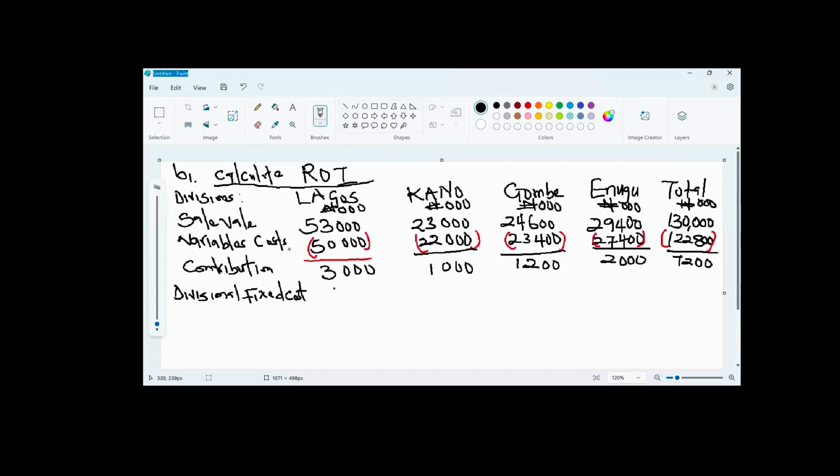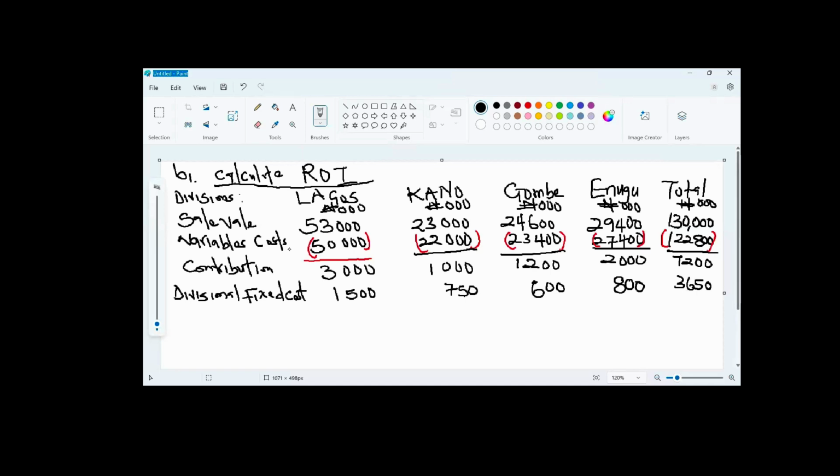How much? 1,500, 750, 600, 800. The total is 3,650.